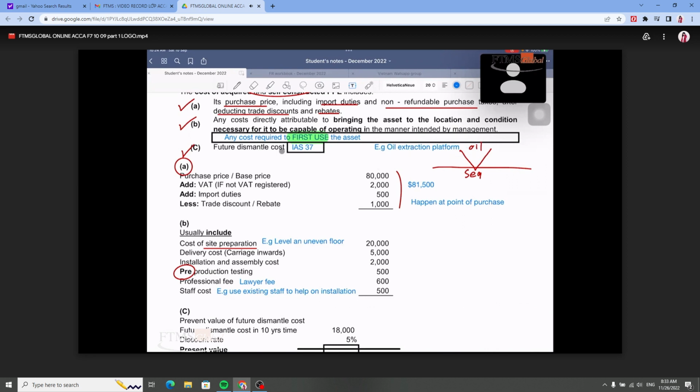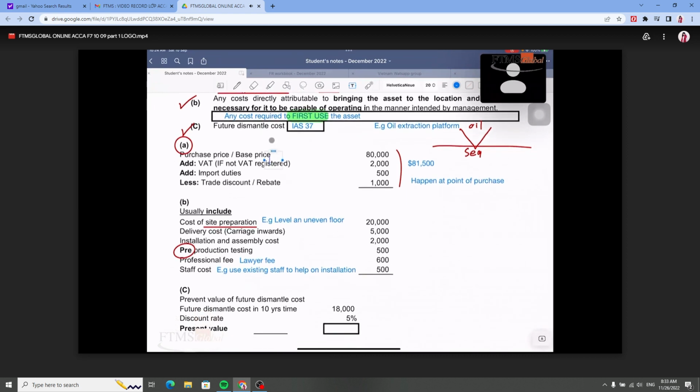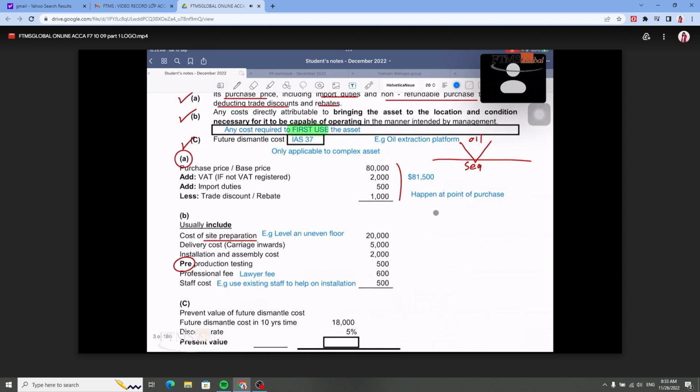So remember, IAS 37 is not applicable to all assets. It's only applicable to complex assets. Not all assets will have future dismantle cost, only complex assets.